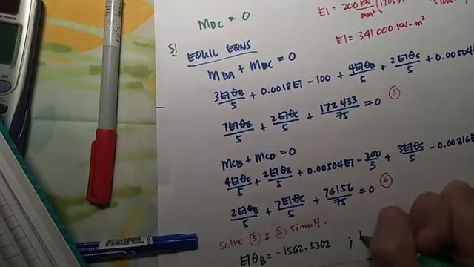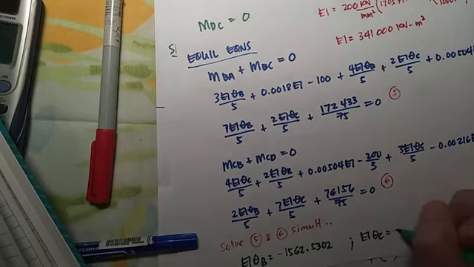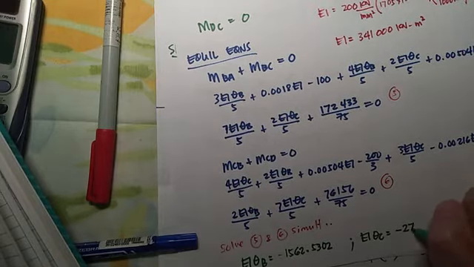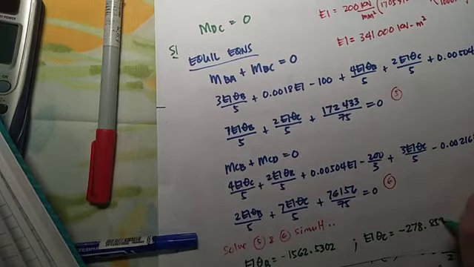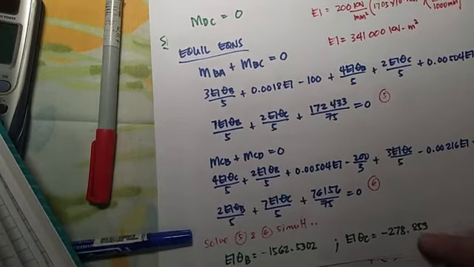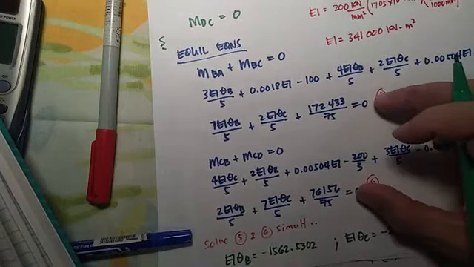Samantalang yung EI theta C naman natin is equal to negative 278.853. So hindi ko na pinakita kung paano mag-solve ng simultaneous equations. So I assume that you know how to do it.